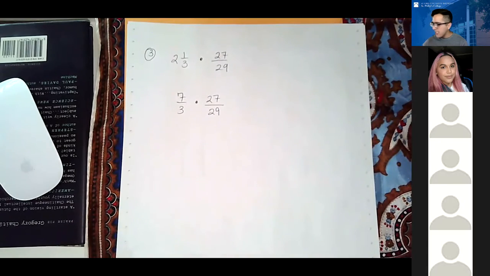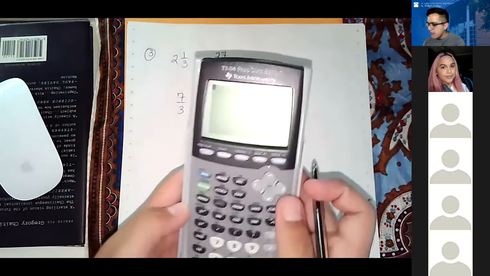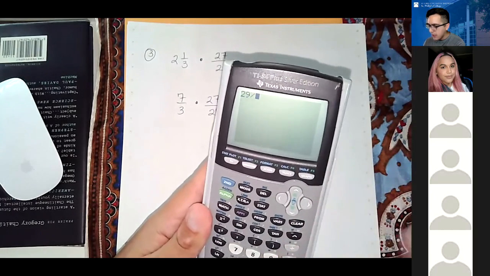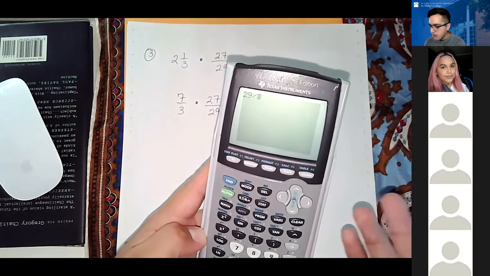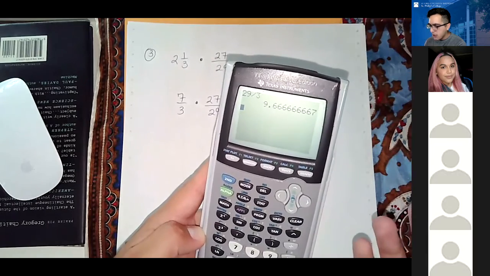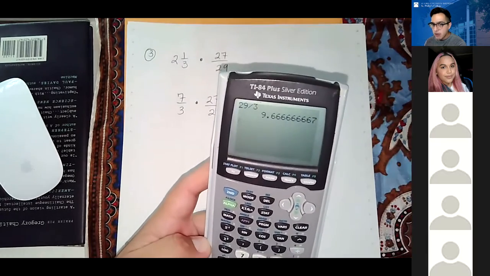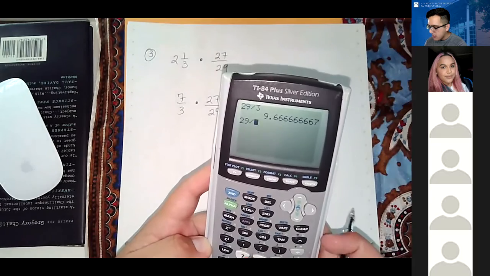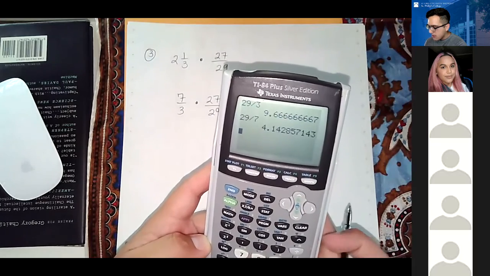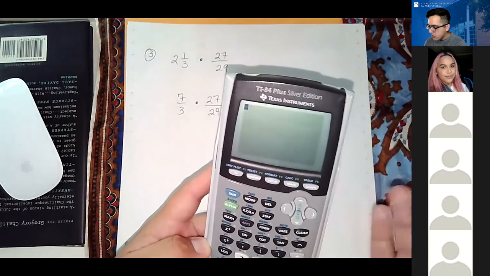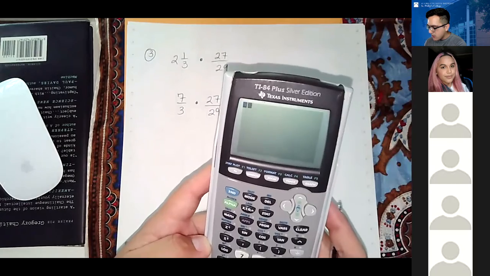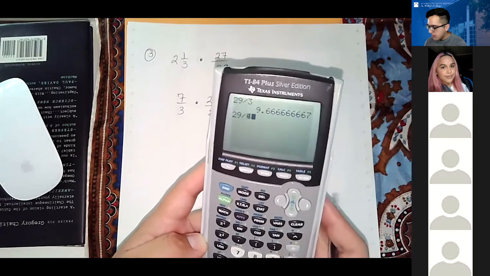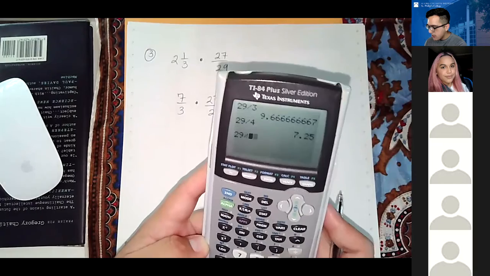Does anybody know if 29 is prime, if it's divisible by anything? One way that you might check is just take 29 and start dividing it by numbers that you think it might be divisible by. So I might divide it by 3, and I'm not getting a whole number, so that doesn't work. Really, we want to start with 2, 3, 4, 5, and so on. 29 divided by 3, we did that. 29 divided by 4 doesn't work. 29 divided by 5 doesn't work.